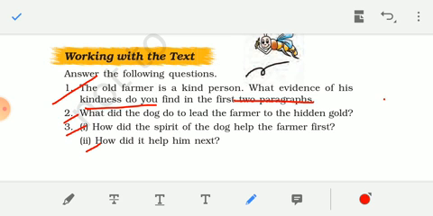The next question, the answer: how did it help him? In what way did the dog help? So the answer would be: when the wicked people had burned the farmer's mill, the good man dreamed again. This time the spirit asked him to take the ashes of the mill.